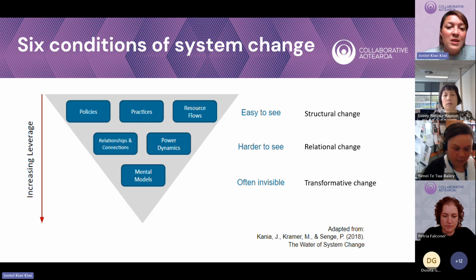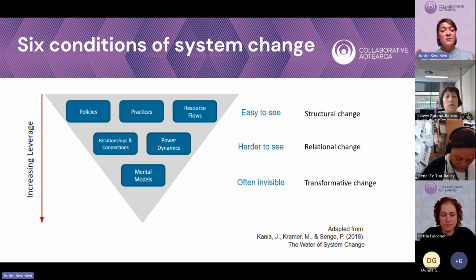So those relationships and connections and the power dynamics, and that is talking about, again, getting to where people are attaching meaning. All of that, relationships, connections, power dynamics, requires a level of self-reflection, unconscious bias, questioning your biases, questioning the way that you're thinking and operating, and asking whether this is really for the greater good of the purpose of the system that you're working in, and is it serving your own personal kaupapa as well.